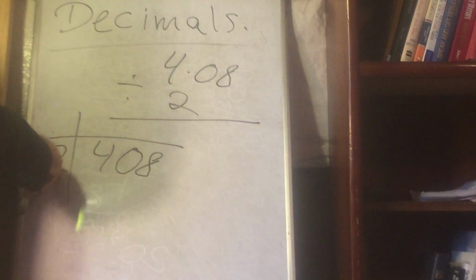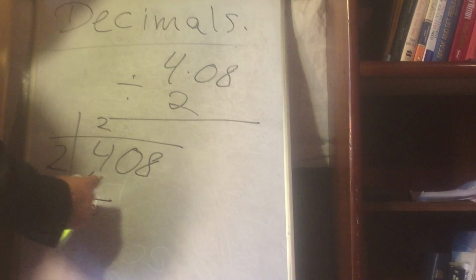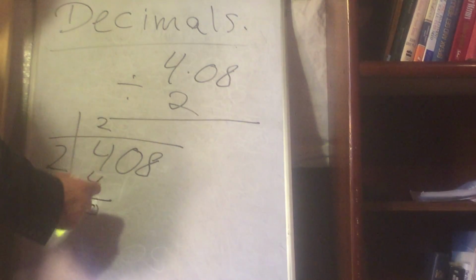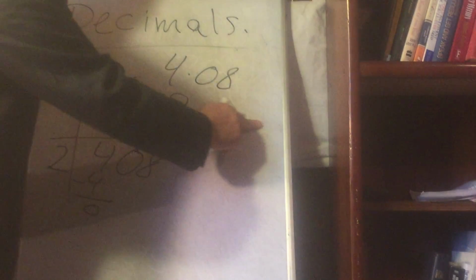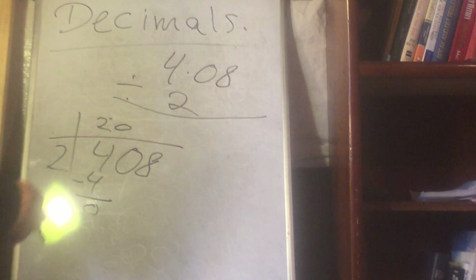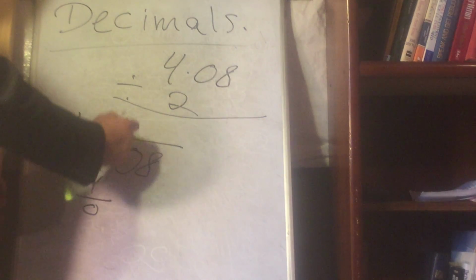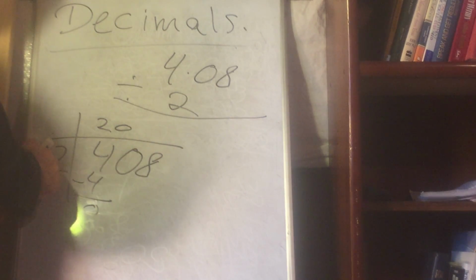So 4 divided by 2 is 2. 2 times 2 is 4. 4 minus 4 is 0. 0 goes up here. Remember, you should know this from the division video earlier. So this 0 here goes up because 0 divided by 2 is 0.